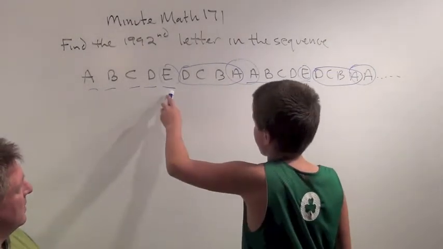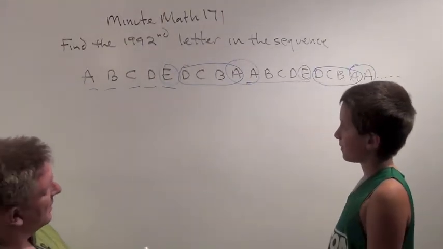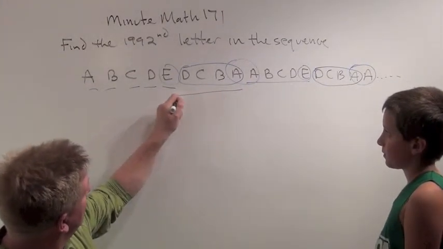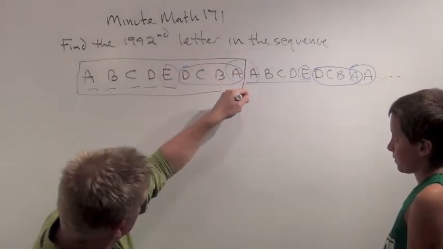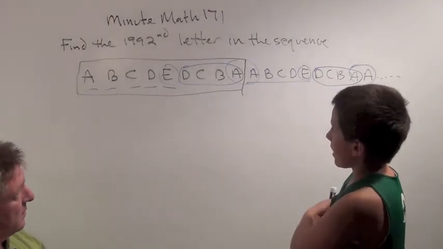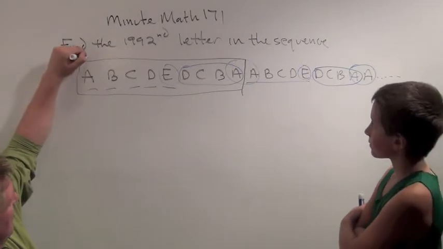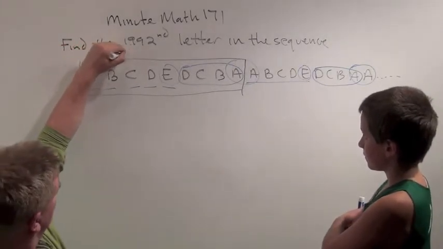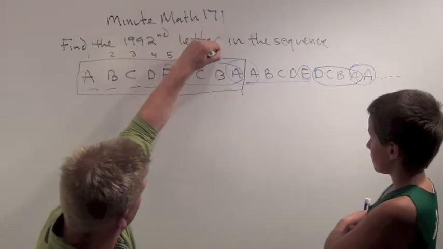A, B, C, D, E, D, C, B, A is what's repeating. And how long is that pattern? That is 9 letters long. So this is going to be the first, second, third, fourth, fifth, 6, 7, 8, 9.